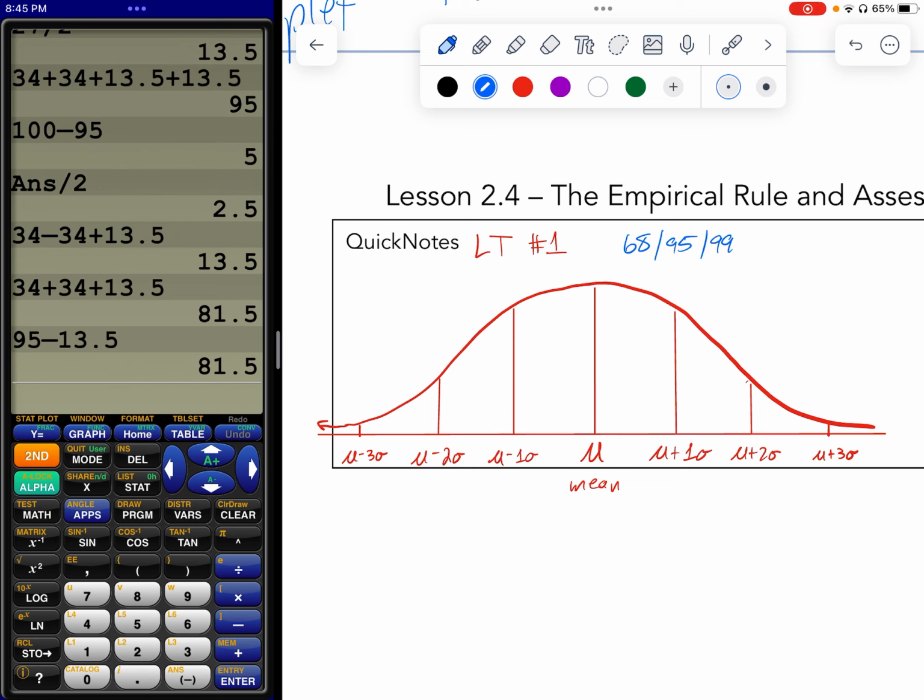They'll do 68, 95, and then they want to be more accurate, so they do 99.7. They're both fine. If you want to be more exact, you do the 99.7, which is what I'll do when I label this, okay? In fact, maybe I'll just ditch this one and go more accurate, okay?